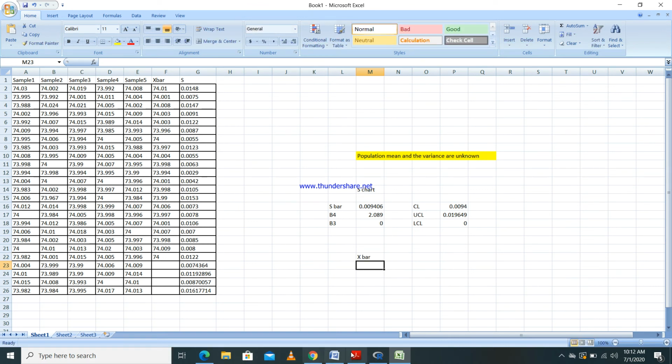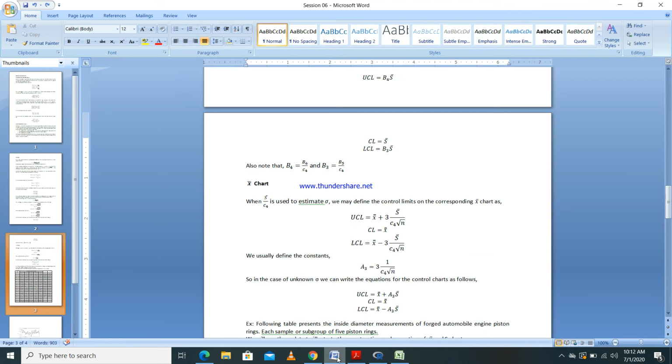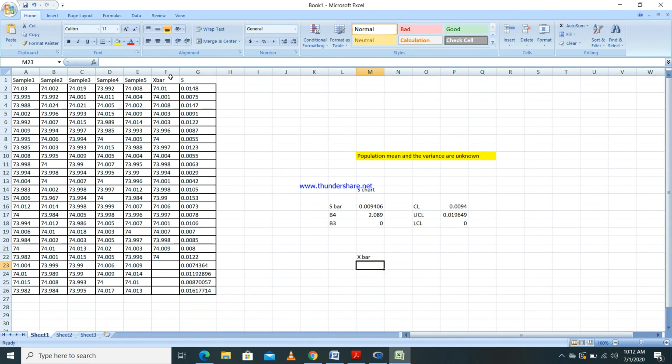Now, since we have already constructed the S chart, you can go with these equations to construct the X bar chart. In that case, the center line is equal to x double bar, that is the mean value of the sample means. If you look at my Excel, you have x bar values here.